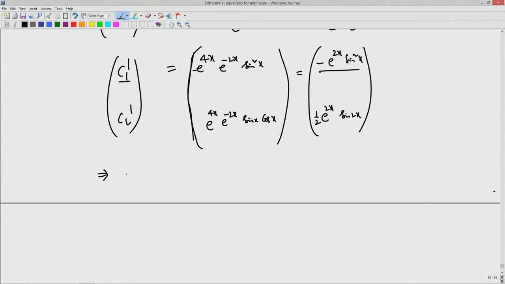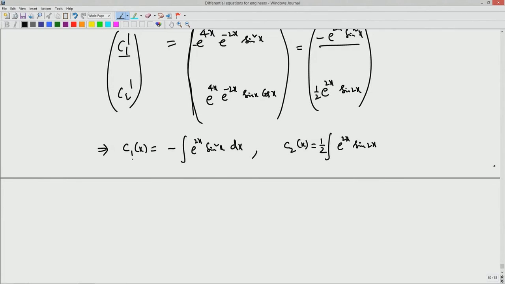So, this gives me C1 of x is simply minus integral e power 2x sin square x dx, okay, and C2 of x is simply integral e power 2x sin 2x 1 by 2, okay. So, these are your C1, C2 if you integrate as an indefinite integral.